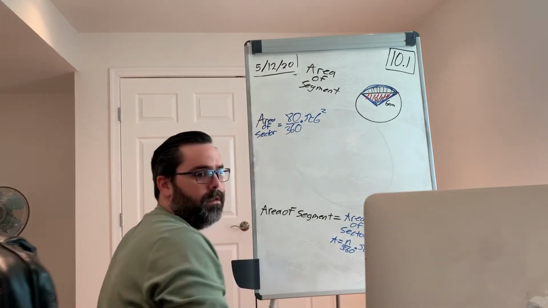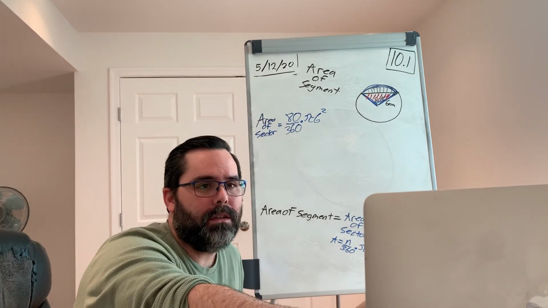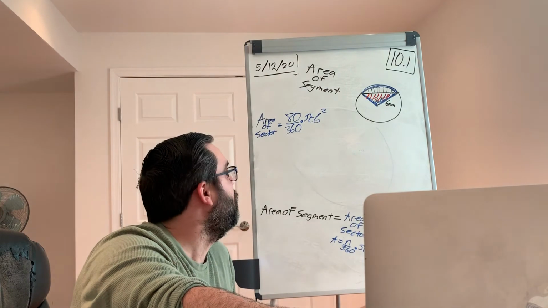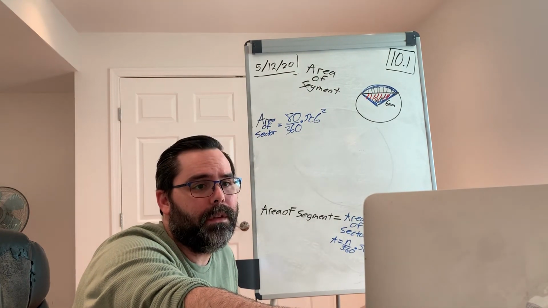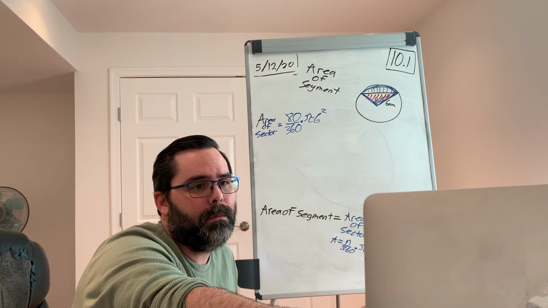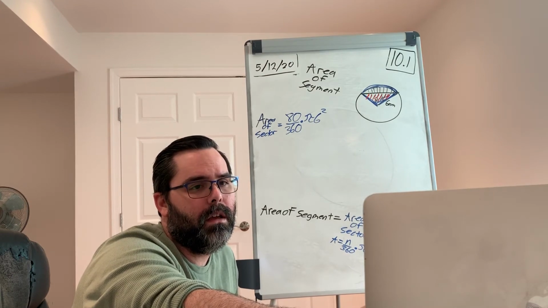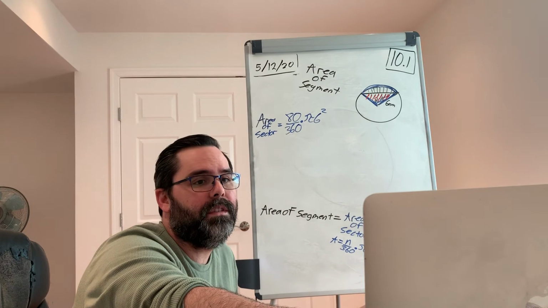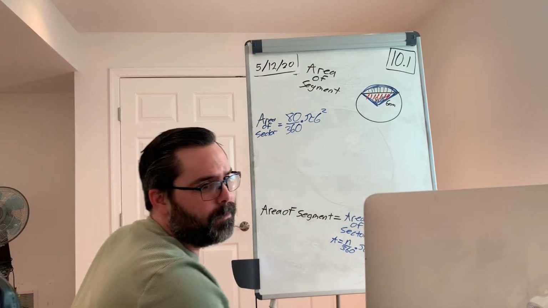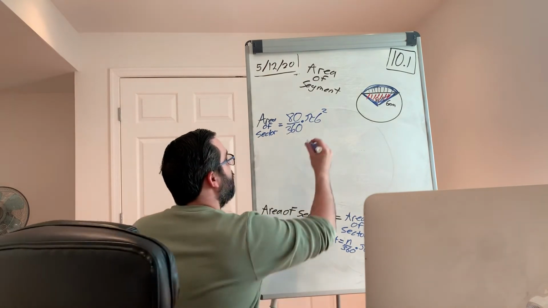So I'm going to do that calculation off screen. 80 divided by 360 times pi times 6 times 6. 25.13. It's approximate.